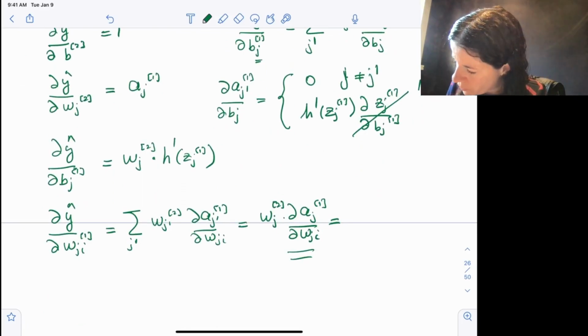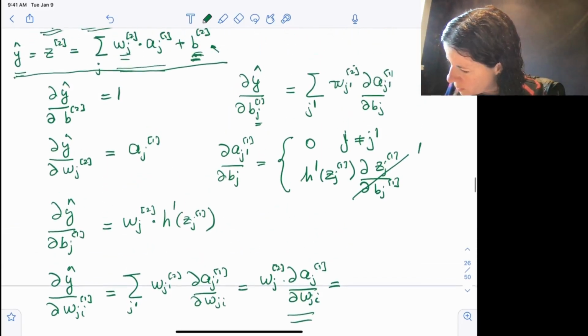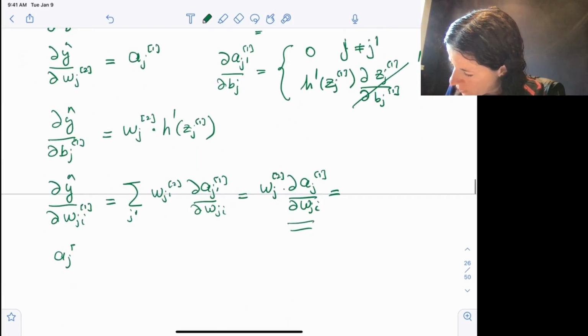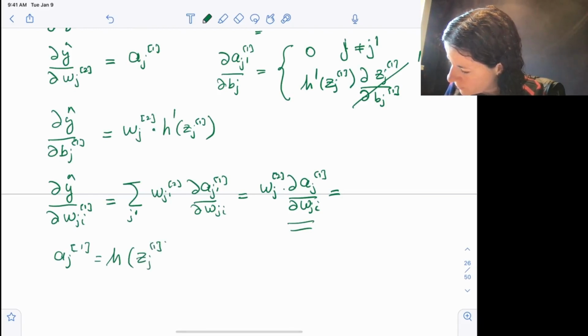So let's figure out this derivative right here. If you remember, a_j^(1) is equal to h of z_j^(1).